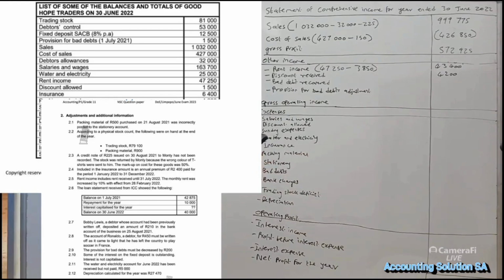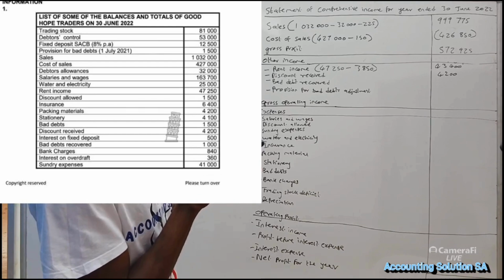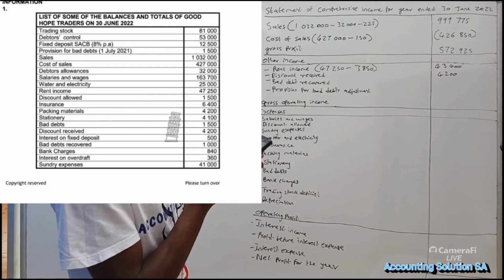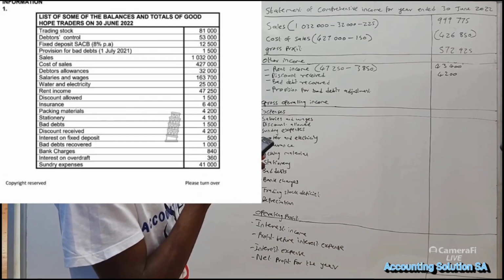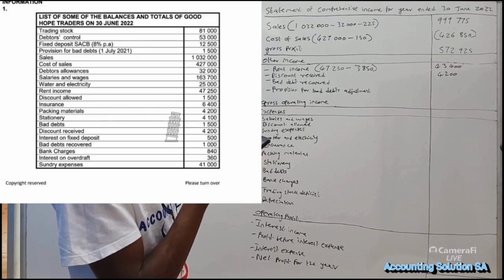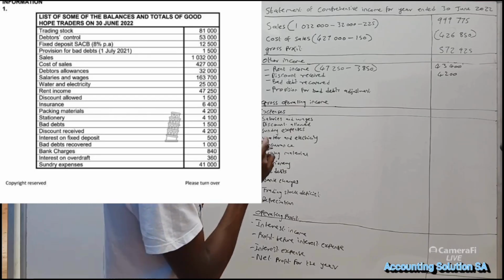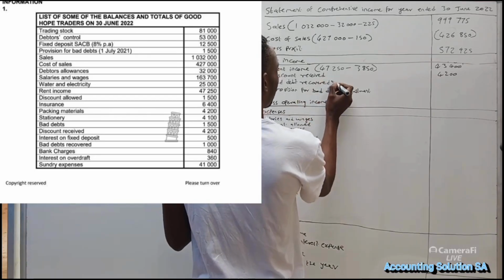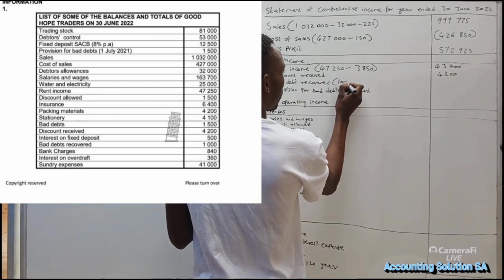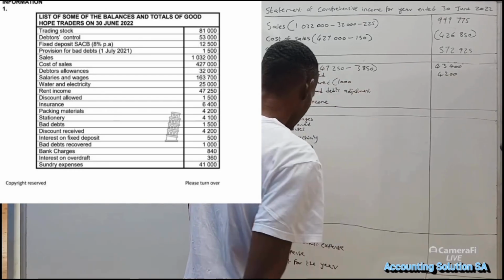Another one, we have a bad debt recovered. Okay, bad debt recovered, on the trial balance they give us an amount of 1,000 from our trial balance.